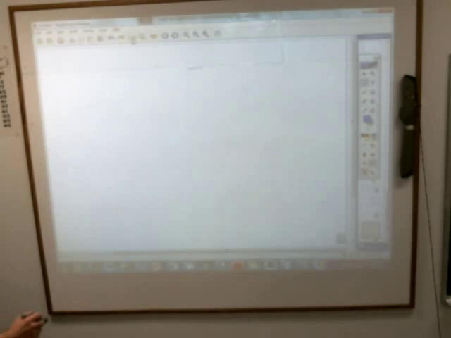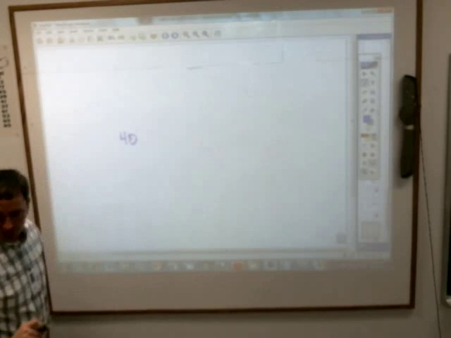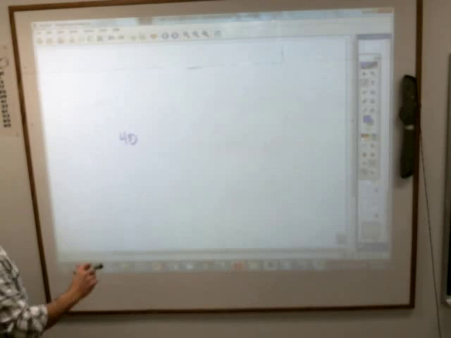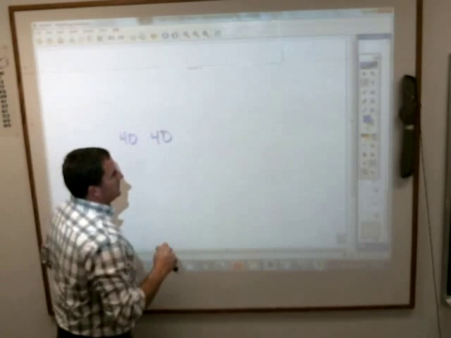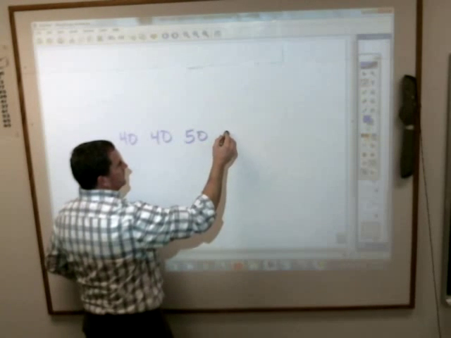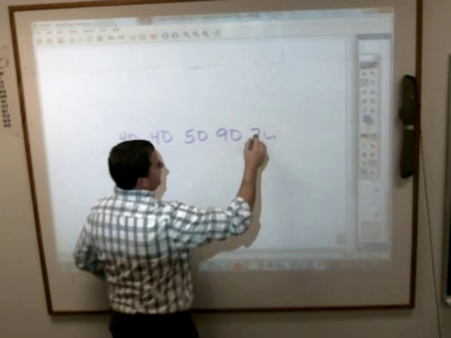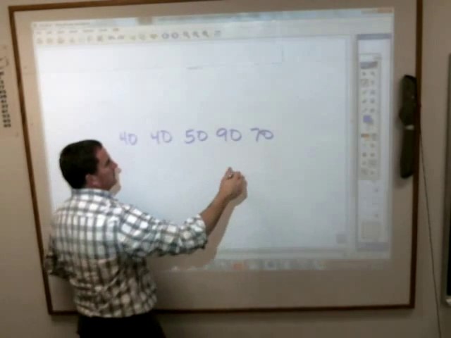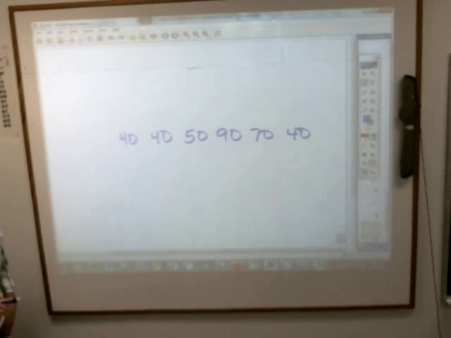Tuesday was how many? Wednesday was. Thursday was. Friday, 90. Saturday, 70. Sunday, 40. We don't have a Monday, right? Must be closed on Monday.